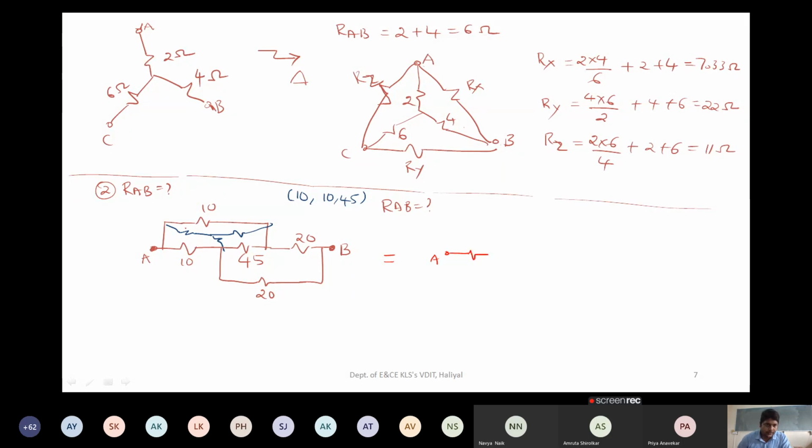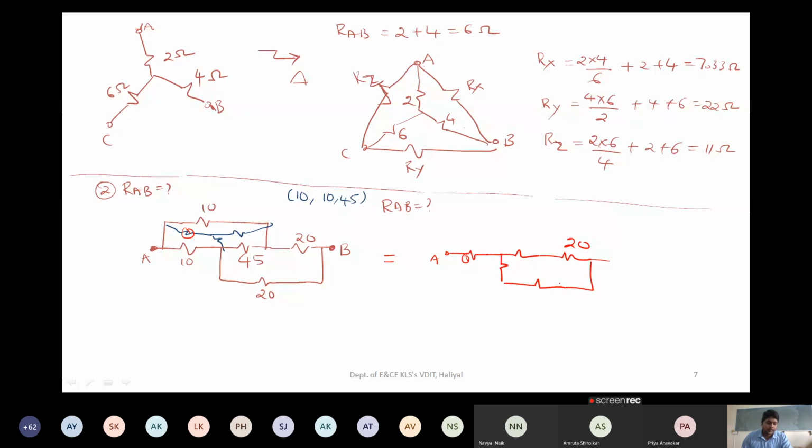This is the first resistor, then I will get an equivalent here, then a third one here, followed by, as it is, the 20 we had and another resistor.